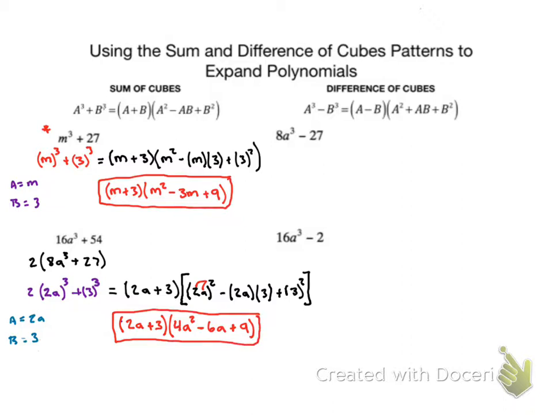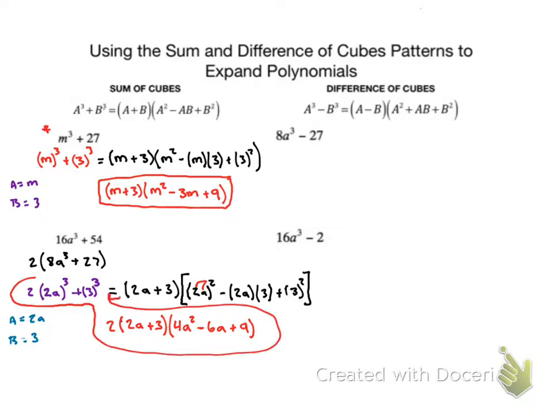You can go ahead and check your work. Same method, you can distribute. I almost forgot to add the 2 out in front, right? So we have this 2 out here still. That is going to equal what we have here in purple, 2a cubed plus 3 cubed. I just don't have room to write it in this section.